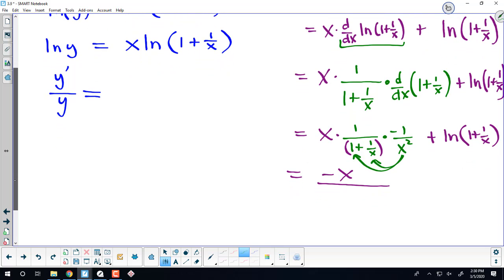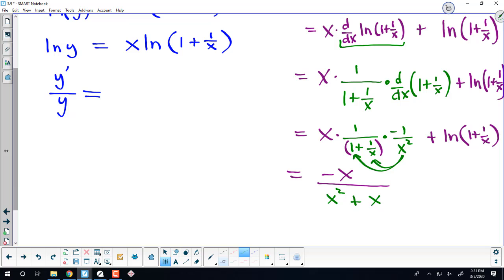So we can get rid of that complex fraction if we multiply through by that x squared. So we have x squared times 1 plus x squared times 1 over x, or x squared divided by x. Everybody okay with that?